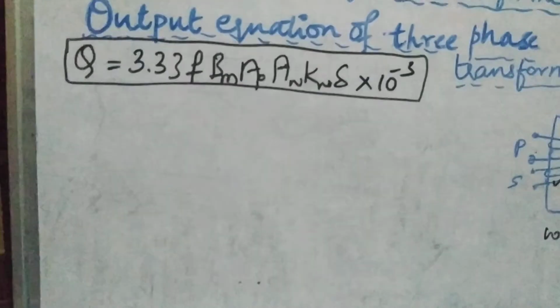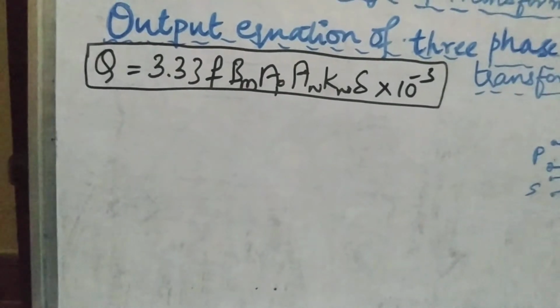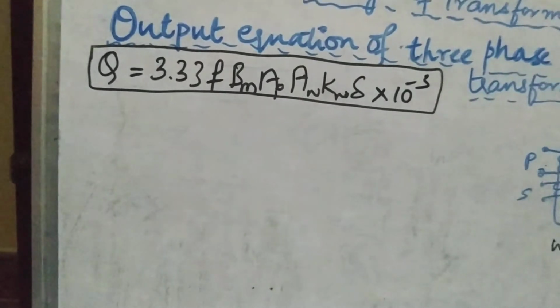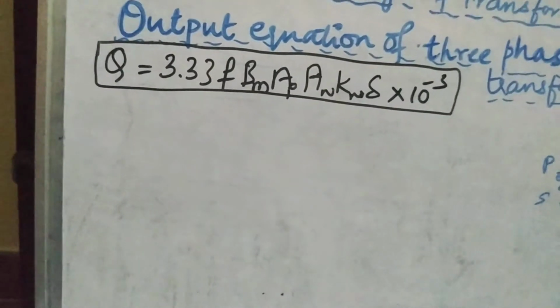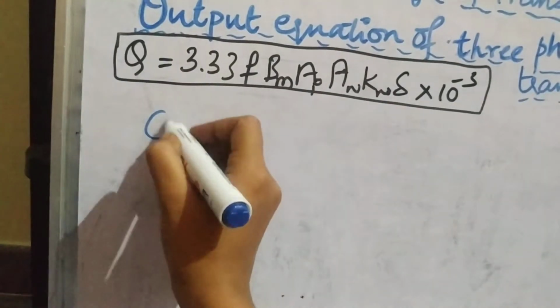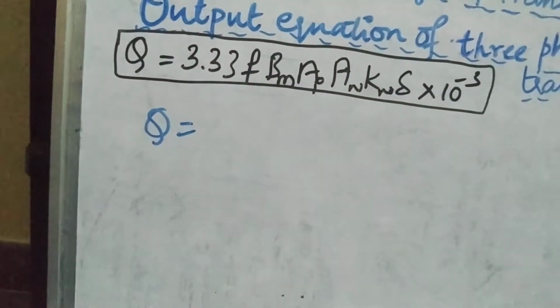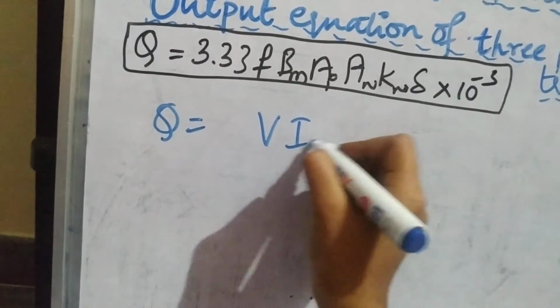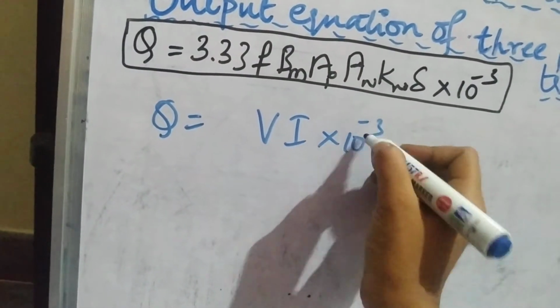Before we start with it, first we are going to realize the simple equation, the output expressed in kVA. Let us write Q is equal to V into I into 10 power of minus 3.